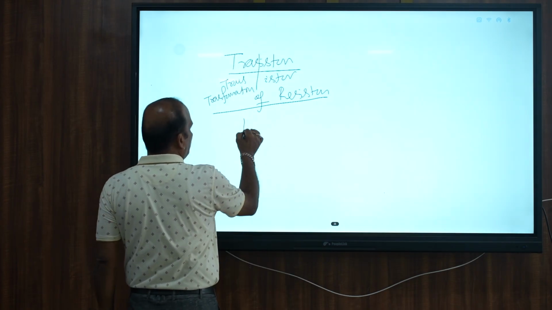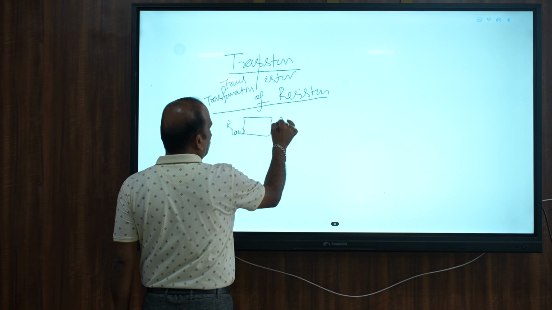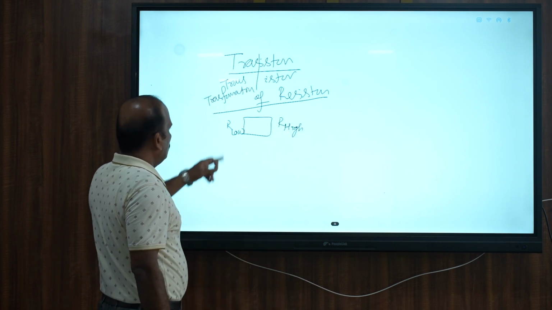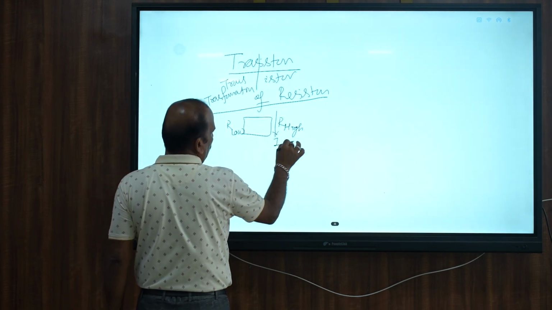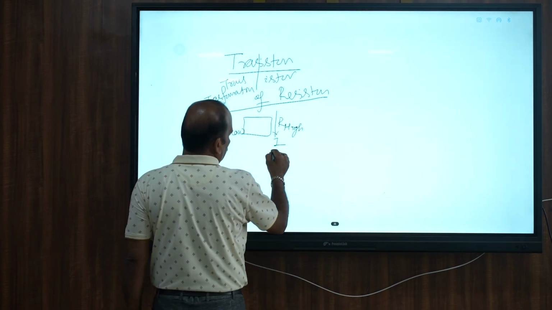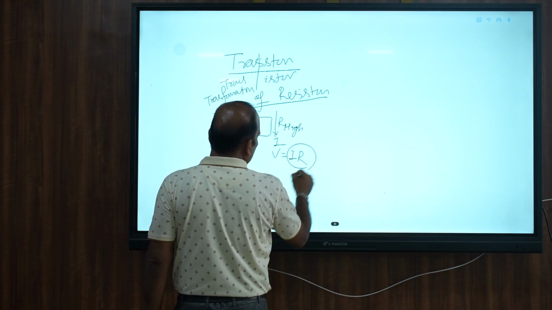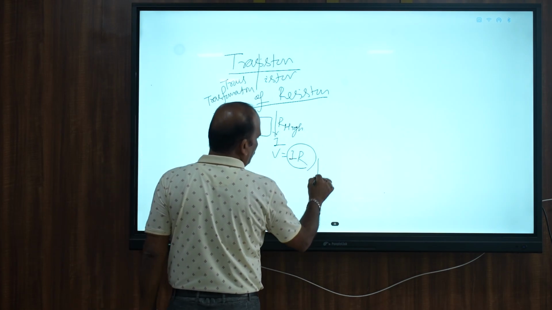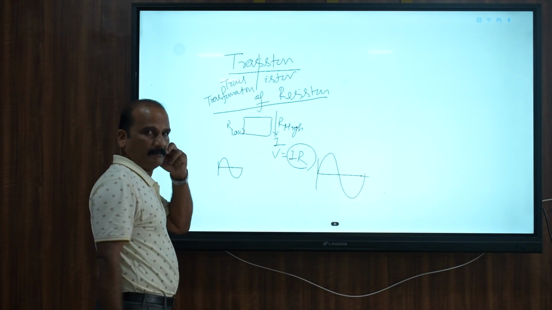That means if it is a transistor, its input resistance is low and its output resistance is high. That is why, when a current I flows at the output side, because of this high resistance, the voltage drop becomes high as per the rule V equals I R. So whatever input signal you are giving will increase, or we can say it gets amplified.